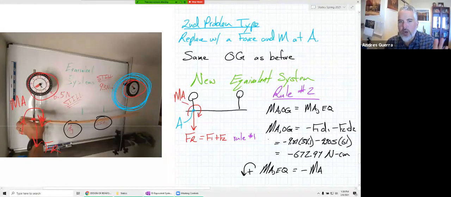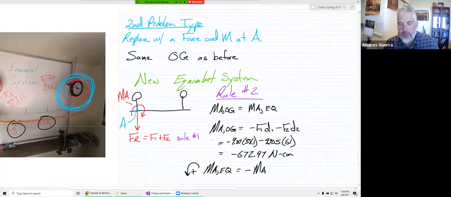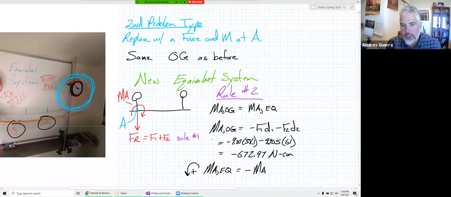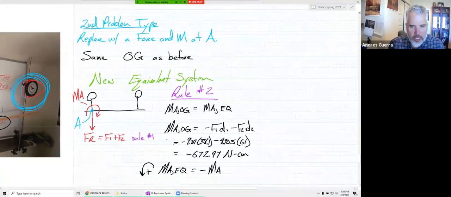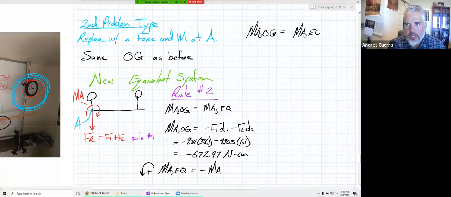Now, regardless of where MA is applied, it's always going to be the same. Okay, so we could apply MA at point B. So that couple moment, anytime we have a couple moment, it just adds into our moment equations or subtracts depending on what direction it's going. And so now we set the moment about A of the original equal to the moment about A of the equivalent.